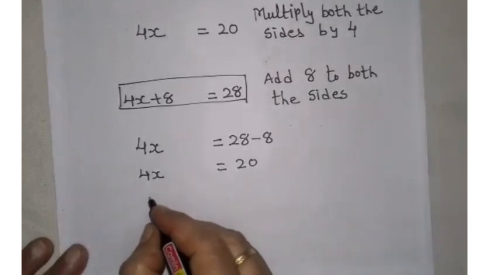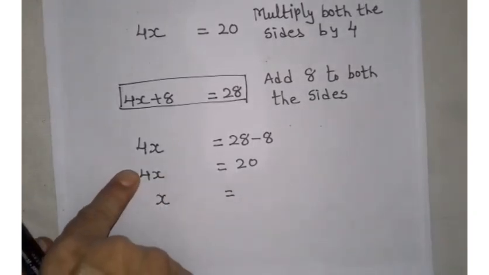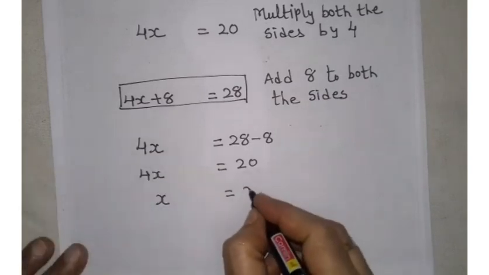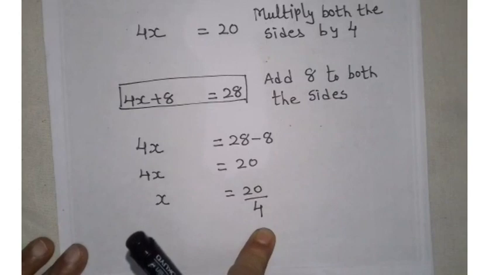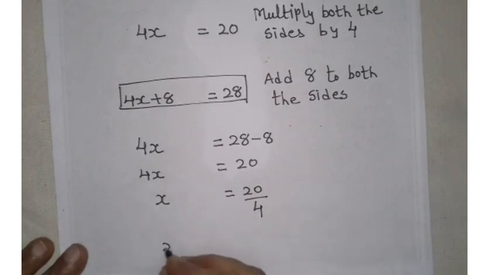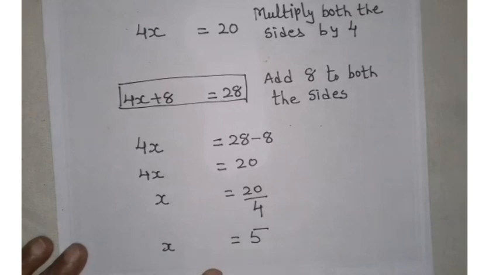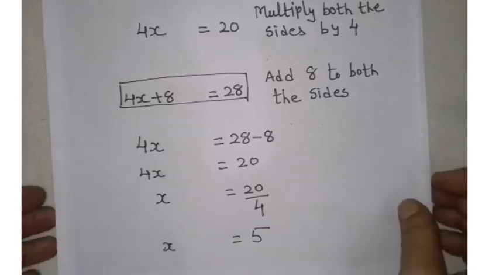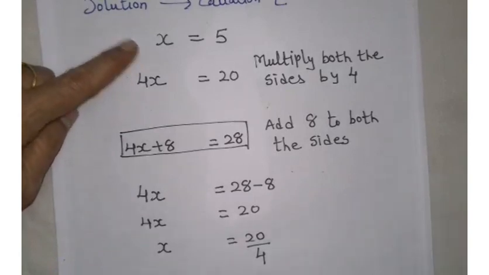And now over here x is in multiplication form with 4, so 20 upon 4, it will be in division form. So x is equal to 5. So what is the solution? x is equal to 5, from where we started. Clear? Understood?